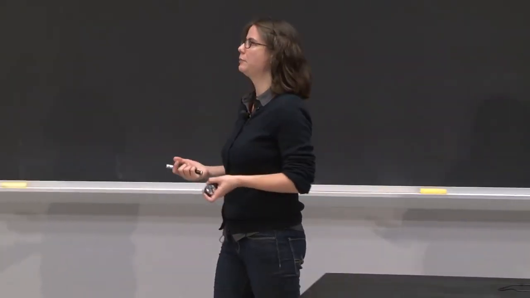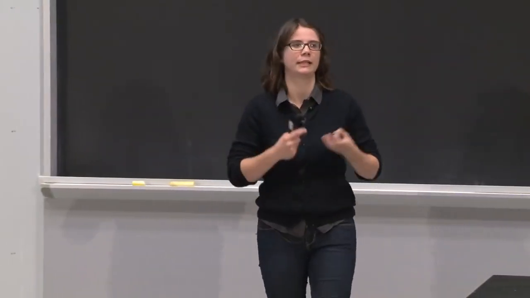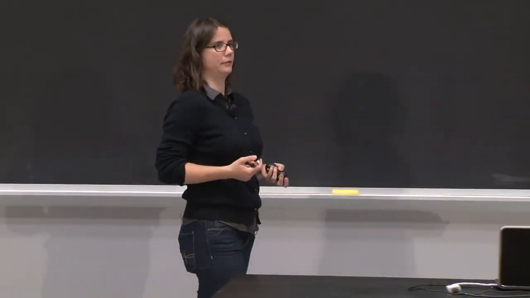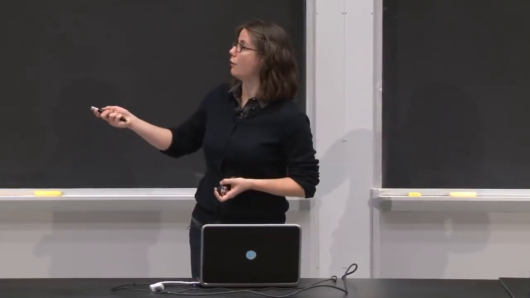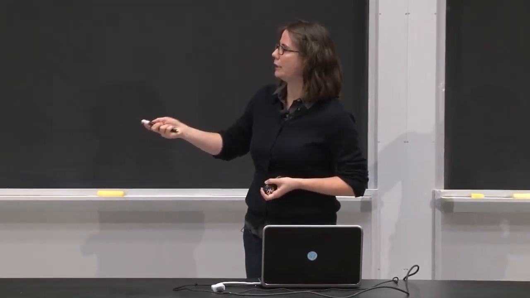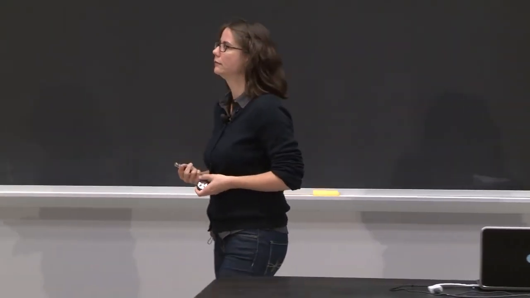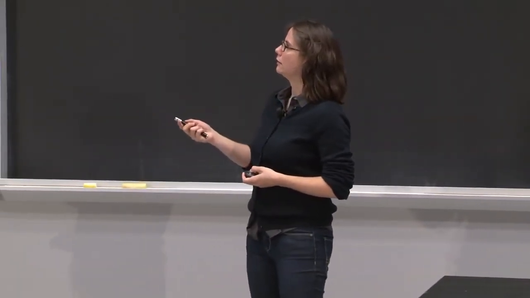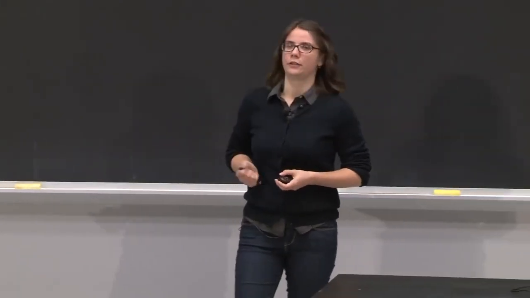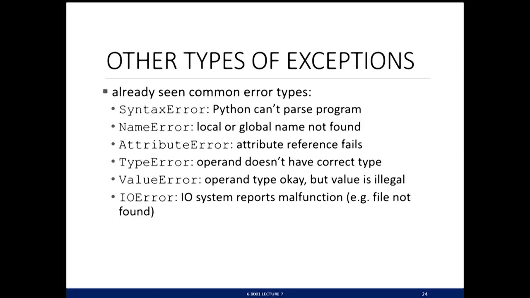So the error is called an exception, and it's called an exception because it was an exception to what was expected, okay, to what the program expected. So all of these errors that I've talked about in the previous slides are actually examples of exceptions, okay? And there are actually many other types of exceptions, which you'll see as you go on in this course and also in 60002.